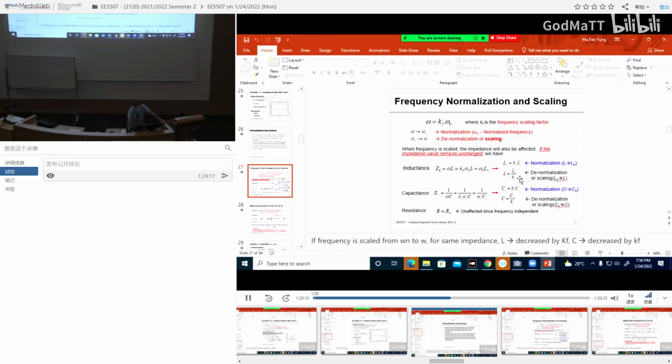To denormalize, you just do the inverse. The factor is Kf, the frequency scaling factor.